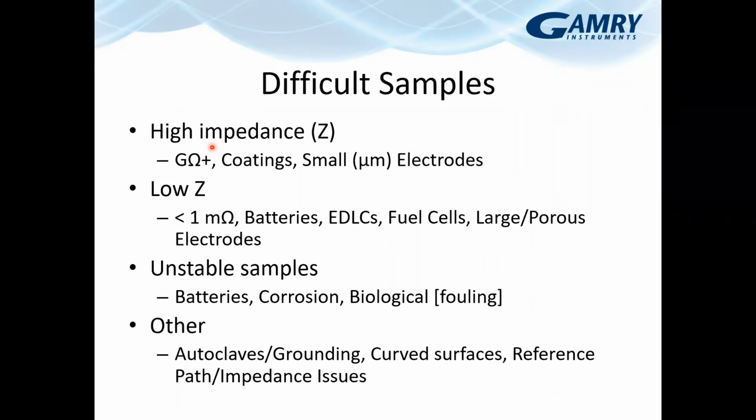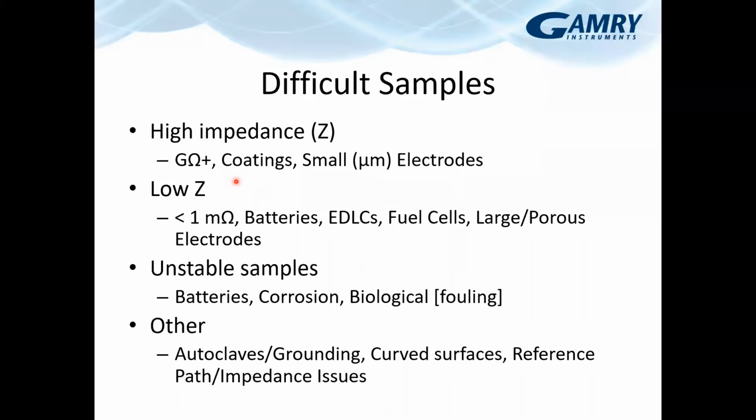For our potentiostats, high impedance generally means giga-ohms plus. Depending on exactly where you are, what system you're using, you might start to have issues when you get up into the high mega-ohms region, but giga-ohms and higher, you're definitely going to need some special considerations.